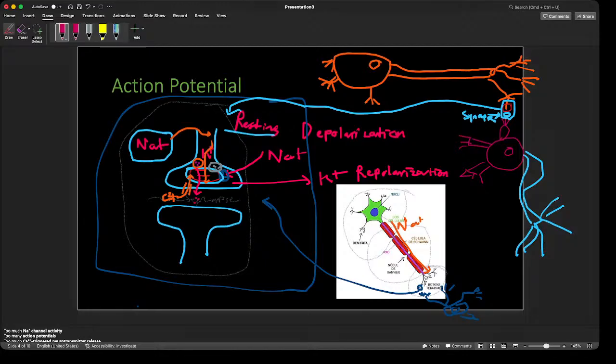And then that glutamate is going to trigger a release of more sodium into the dendritic part of the other neuron cell. And that's where it's going to do another round of signaling and then opening up channels and then releasing the particles from the vesicles and all of those things.